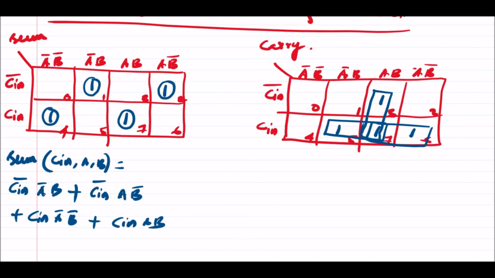Let us see how to find the equation for carry. Carry of C in, A, B. So we have 3 pairs.